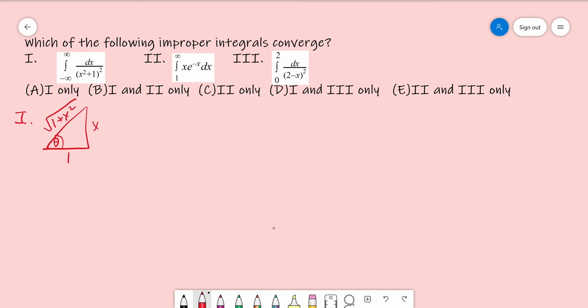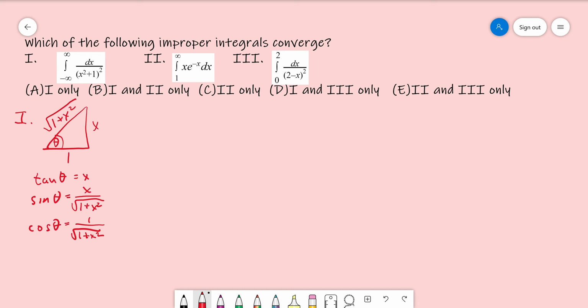For example, tangent of theta is equal to x, and sine of theta is equal to x over square root of 1 plus x squared. Cosine of theta is equal to 1 over square root of 1 plus x squared.